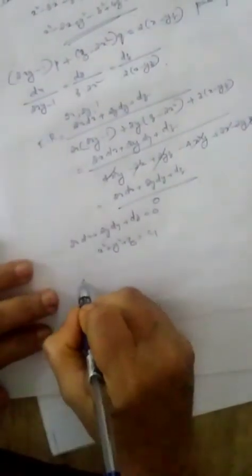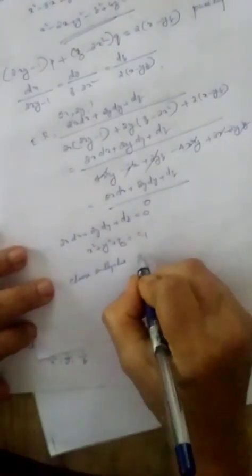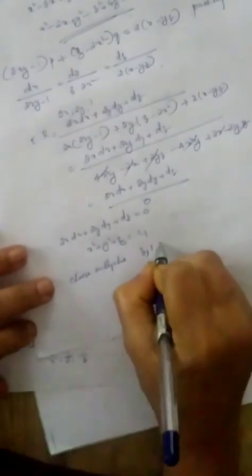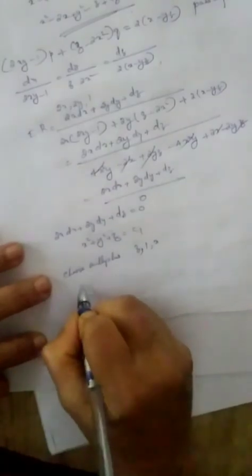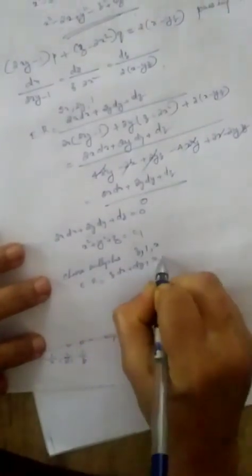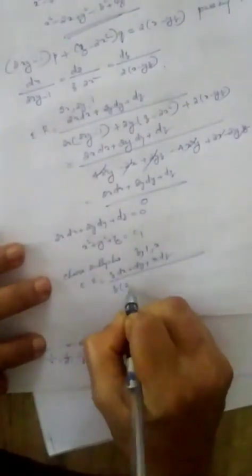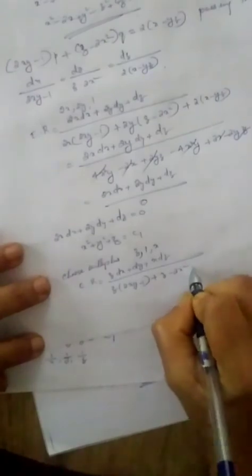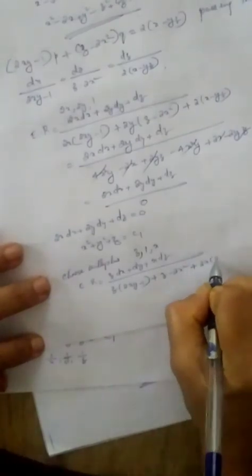Similarly, we choose the next set of multipliers as z, 1, x. We get each ratio equal to z dx plus dy plus x dz by z into 2xy minus 1 plus z minus 2x square plus 2x into x minus yz. We can open the brackets and we can see that all terms in the denominator are equal to 0.